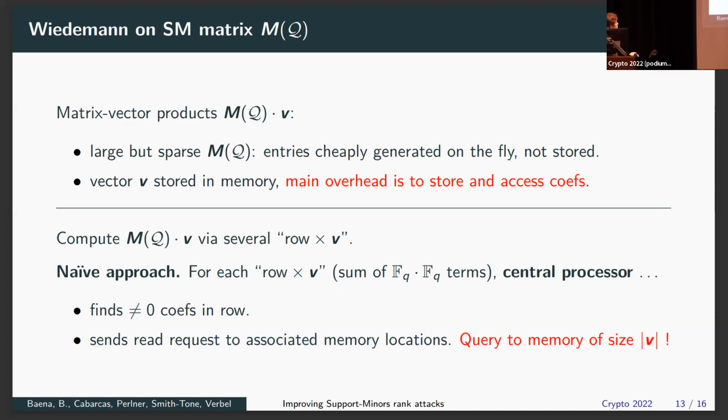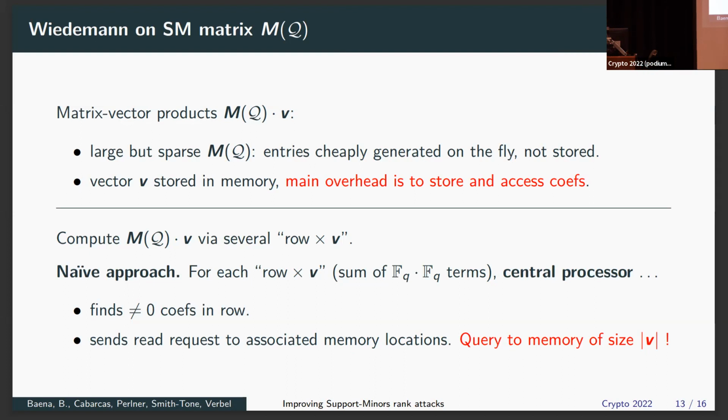So we are going to generate all the entries on the fly, and we don't need to store the matrix. However, our vector V will be stored in memory, and the most costly part will be to store the coefficients of V and also access them each time we need them for the computation.